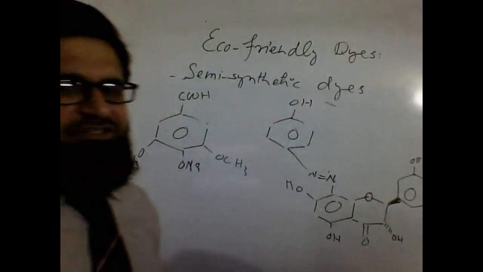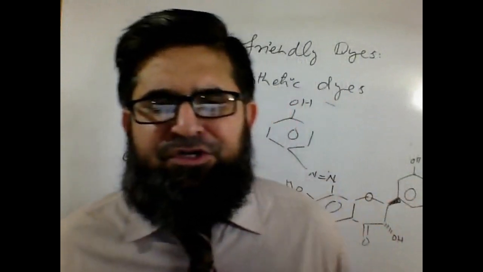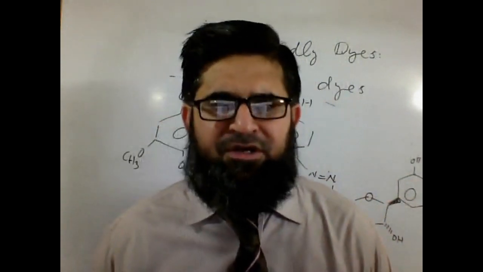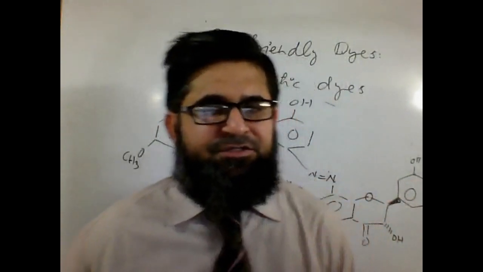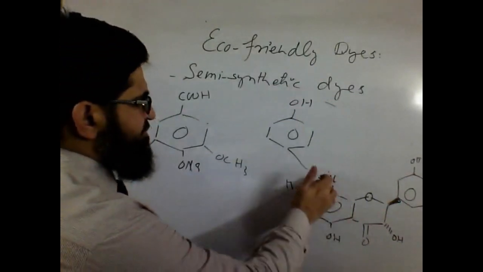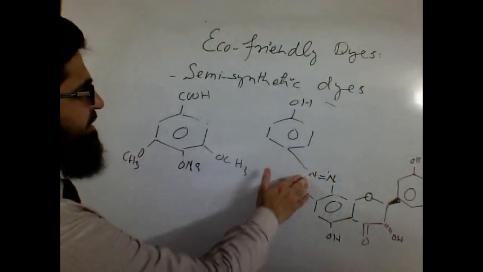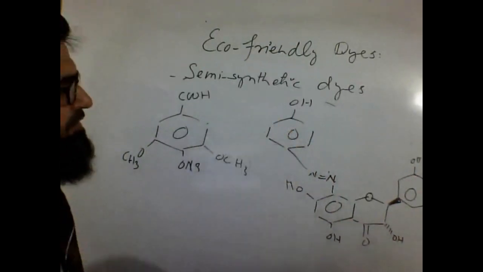So what actually I'm doing, I'm producing diazonium salts from the natural components like sinapic acid and then the apicacetan I'm converting into their corresponding diazonium salts, and then I'm reacting them with other couplers.